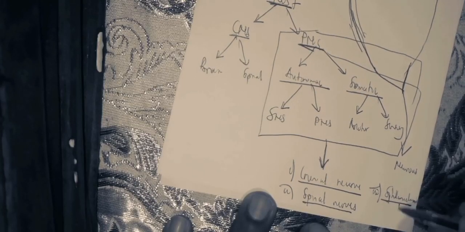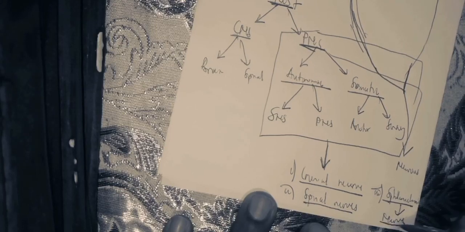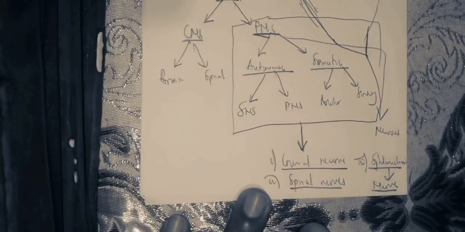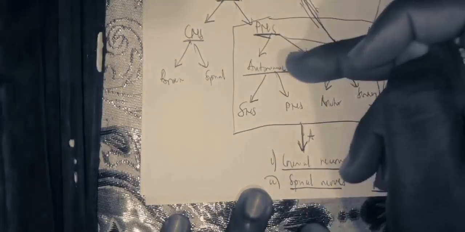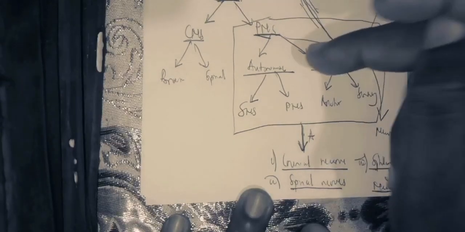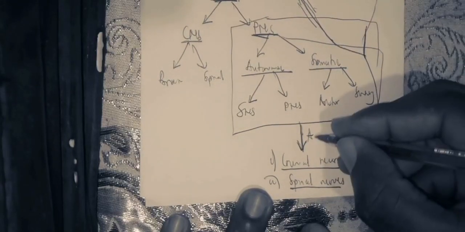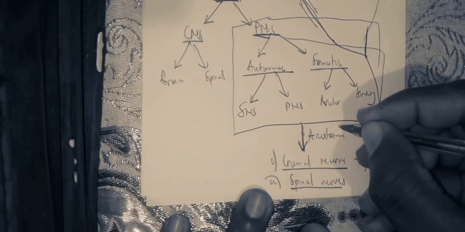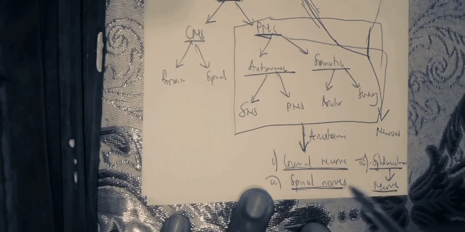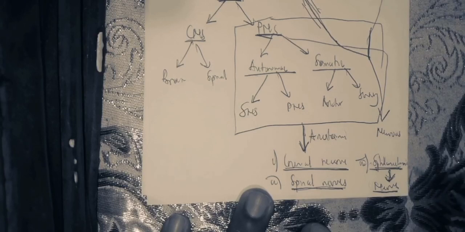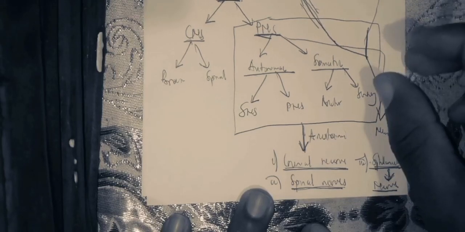Now, the splanchnic nerve is only going to be understood by people that have done a good anatomy of the abdomen. Is it clear? So those are the anatomic structures. Functionally, the nervous system is divided as such. Now, anatomically, how does this peripheral nervous system enter into the different structures? It needs to enter by the cranial nerve, the spinal nerve, and also the splanchnic nerves. Is it clear? So those are the three major nerve elements that are going to supply the different parts of the body via the peripheral nervous system.